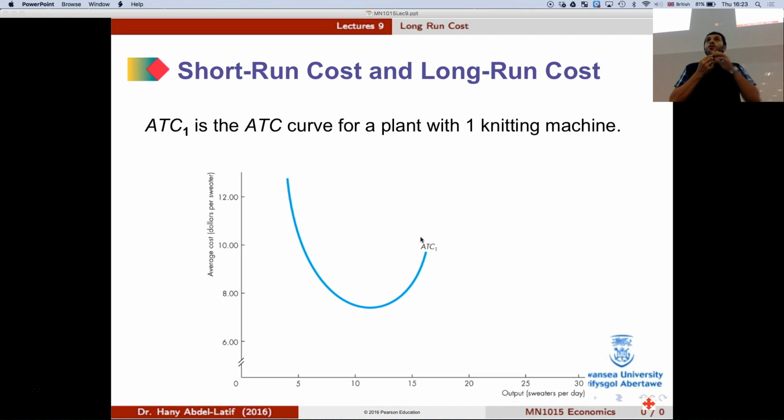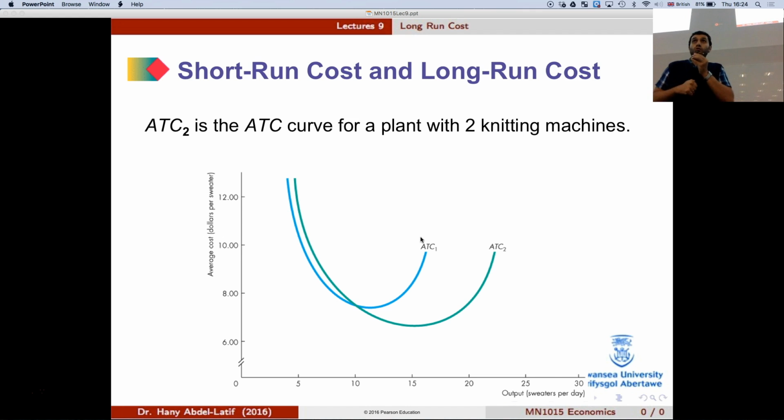Okay? Now, if we have 2 machines, if we look at plant 2, this will give us another U-shaped average total cost curve. The first curve, just imagine it as if we were in the short run, where we had a fixed amount of capital.